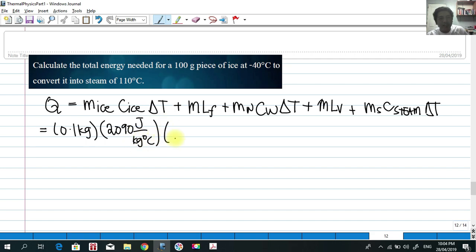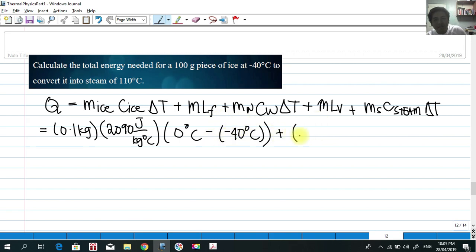And delta T is from our final temperature, which is 0 degrees, because this is the melting point of ice. So 0 minus negative 40. Take note that the initial temperature is negative 40 degrees Celsius, so we have to include the negative sign, and this becomes positive.